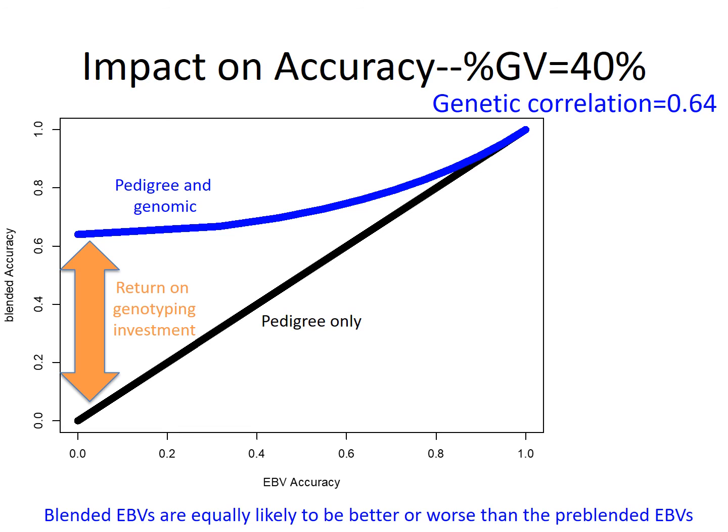So we get a much better return on genotyping investment if we have an accurate genomic prediction. But to have an accurate genomic prediction, we need a large training population of individuals with genotypes and phenotypes, which means we must have invested in a lot of historical performance recording and genotyping of historical animals.